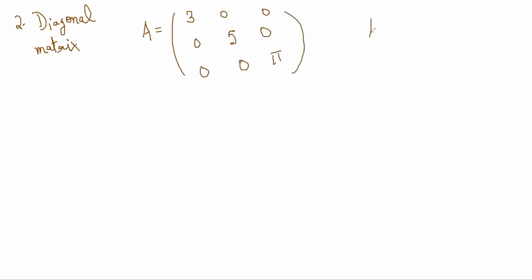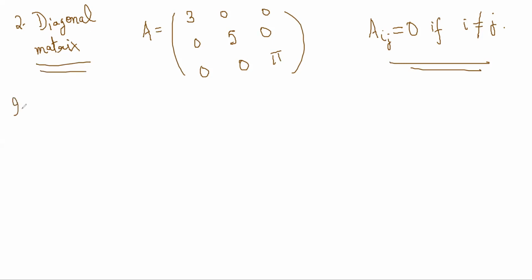So Aij is equal to 0 if i is not equal to j. This is the definition of a diagonal matrix. This is slightly different from an identity matrix, because an identity matrix is also diagonal, but all the entries on its diagonal are 1.